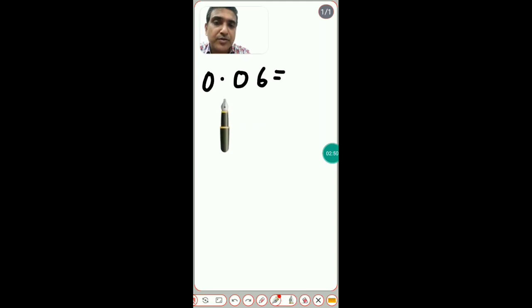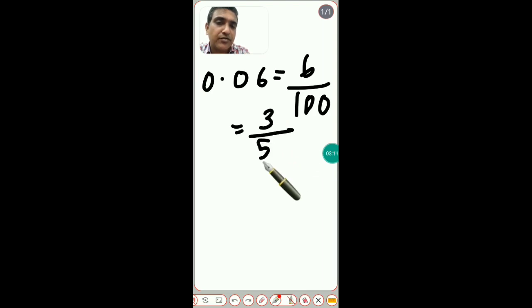So after the decimal point, 2 places are there. So the number is 6. Since it has 2 places, we'll write 6 by 100. By simplifying, 6 is 3 times, 100 is 50. So 3 by 50. So 0.06 is equal to 3 by 50.